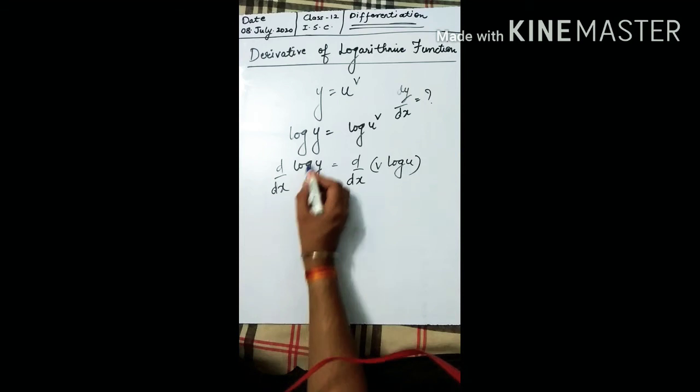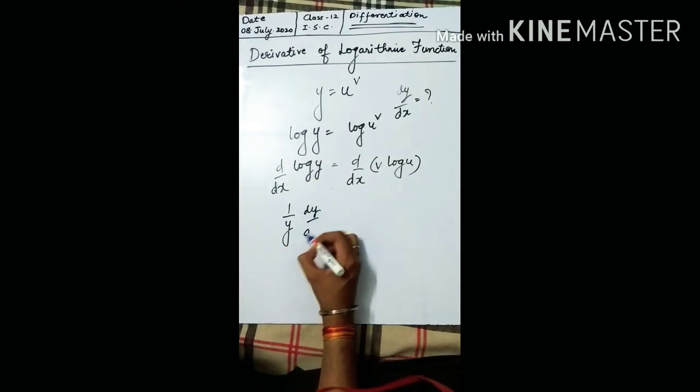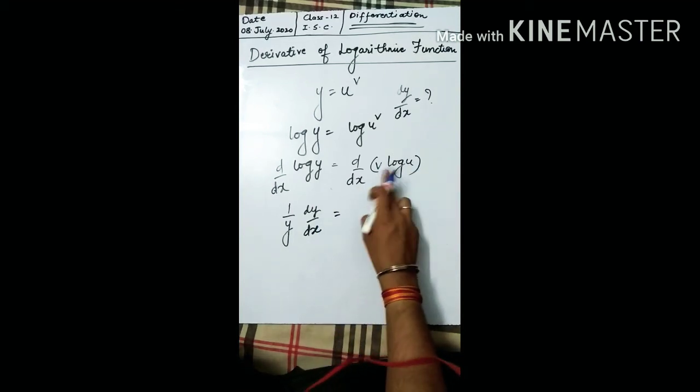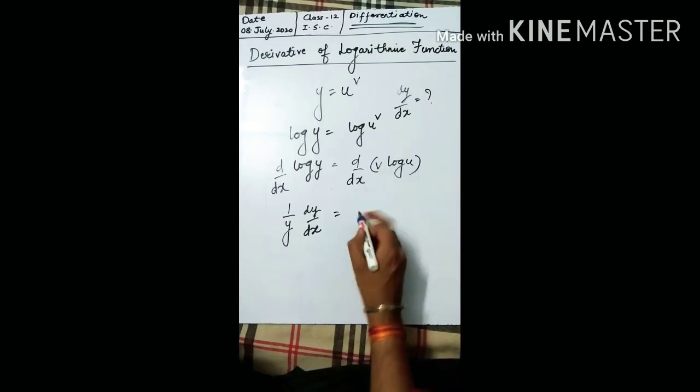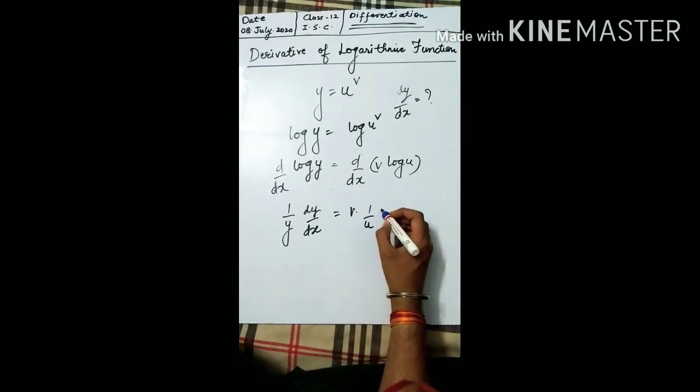What will be the differentiation of log y? This is 1 upon y, dy/dx, is equal to, for the differentiation of v log u, we have to use the product rule. Keep the first function as it is. What is the differentiation of log u with respect to x? This is 1 upon u.